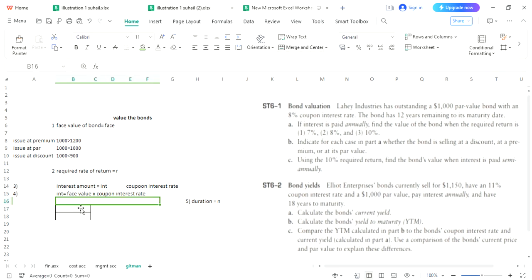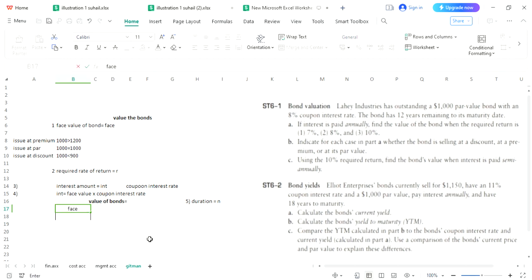We are actually calculating value of bonds, and this is the formula for the calculation. In the first part you will write the face value over here, and as we have decided, the word face will represent the face value of the bond, and then in the denominator, bracket start, 1 plus small r, required rate of return, raised to power n, number of years.